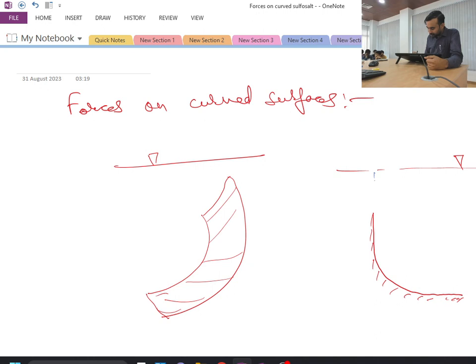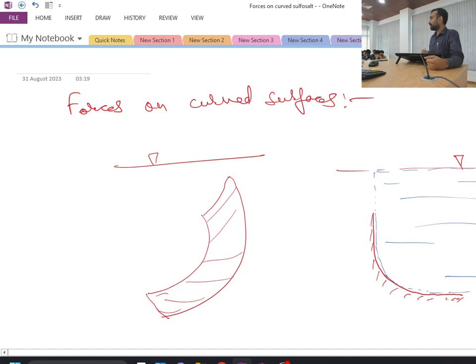This is nothing but the boundary of the water present in this reservoir, so this all is water. Out of this, my curved surface is only up to this portion. Any liquid present away from the curved surface is not of my interest. My interest is with the liquid present just close to the curved surface.